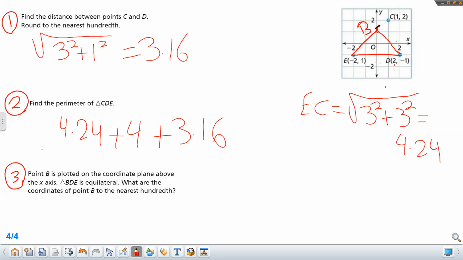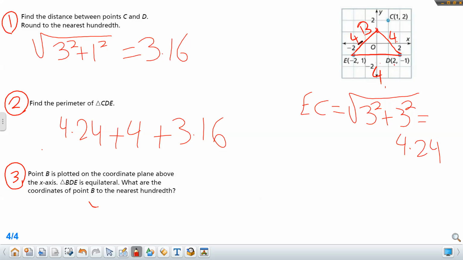It's easy. But how to find the coordinates of point B to the nearest hundredth? If this triangle is equilateral, these sides will be 4, like ED. So I have 3 sides, each of them 4 units.